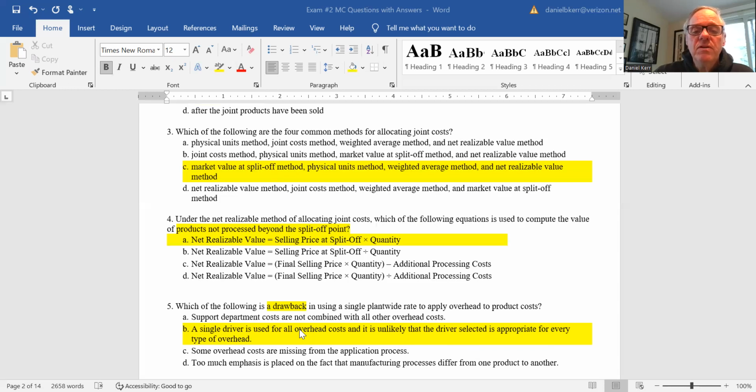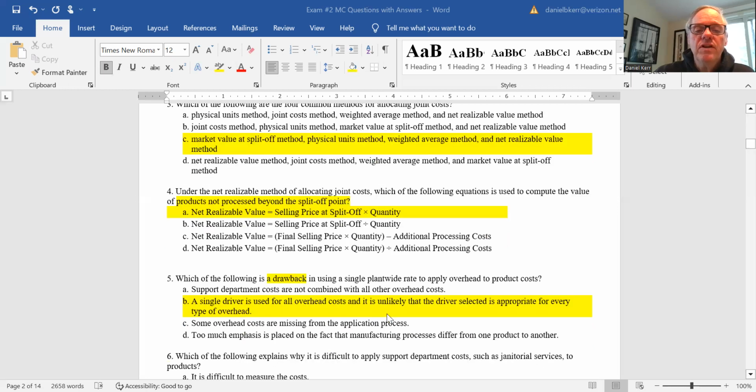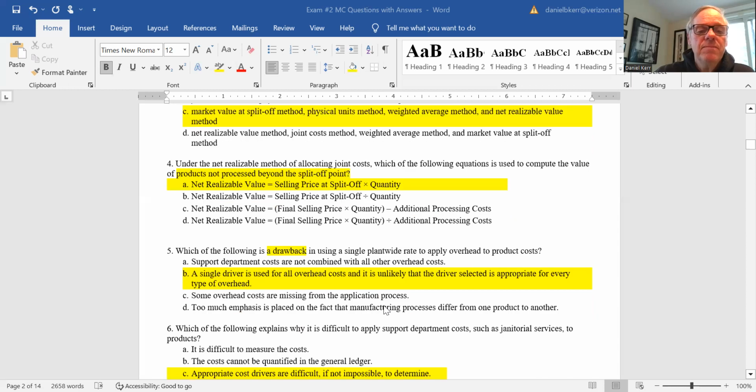If you have several different departments, support departments or overhead costs, some of them are likely best allocated on the basis of machine hours, some on head count, some on labor hours, and so forth. So the best answer, why you wouldn't want to use a single overhead rate, is that a single driver is unlikely to be appropriate because costs often react in behavior to different drivers. So the answer there is B.